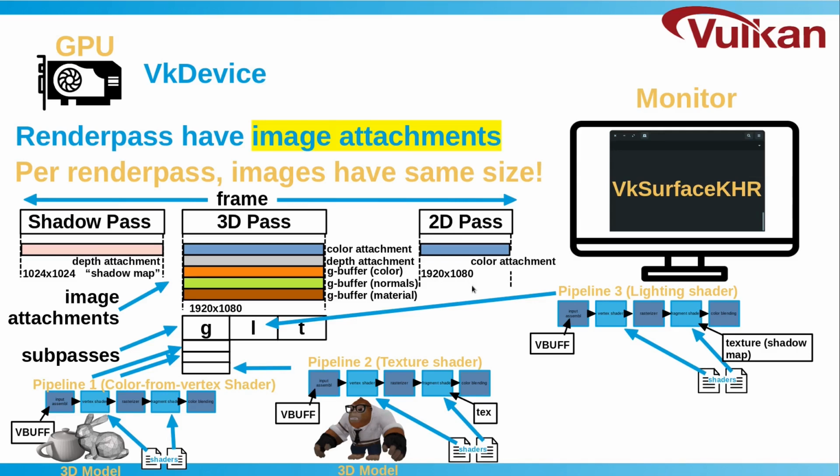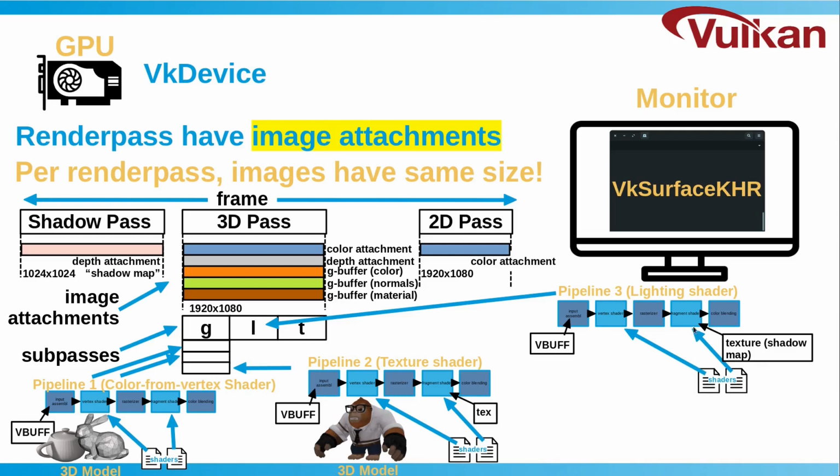Now the question is, how do we get the shadow map into the 3D render pass? So down here we see now another pipeline, pipeline 3, which is the lighting pipeline. So here we have yet another shader pair that is used here in the lighting stage.